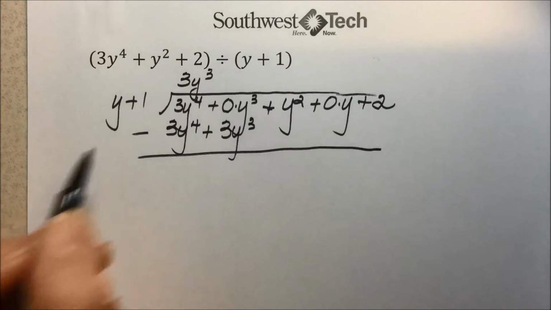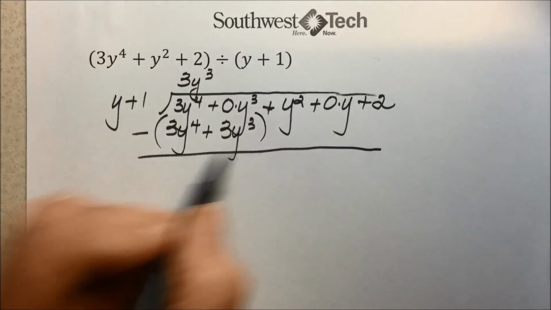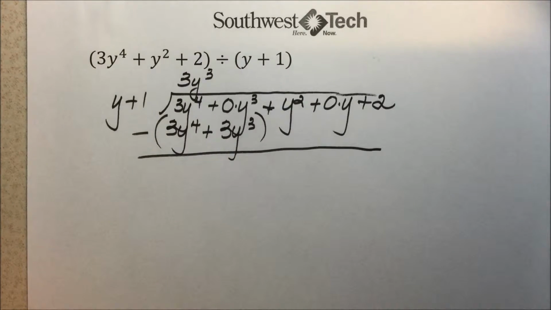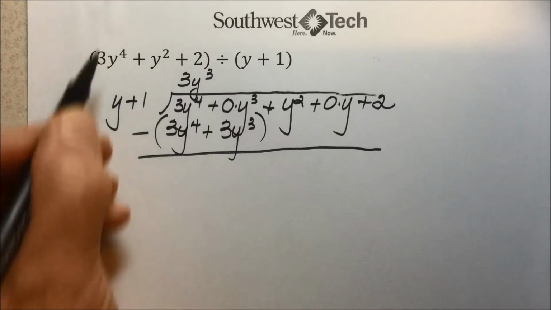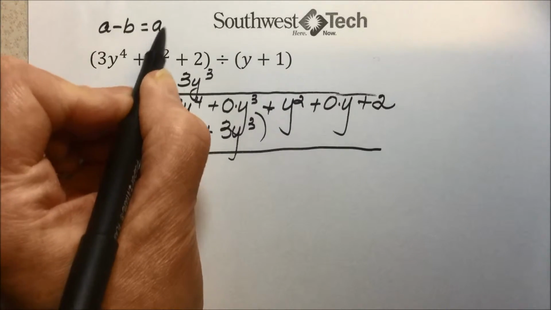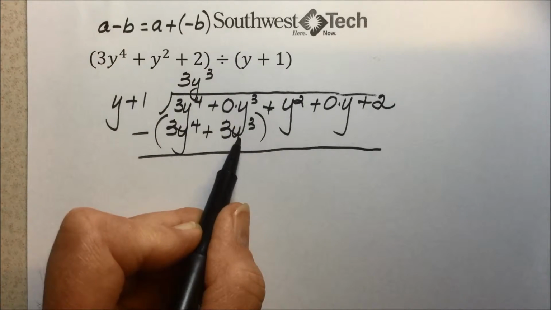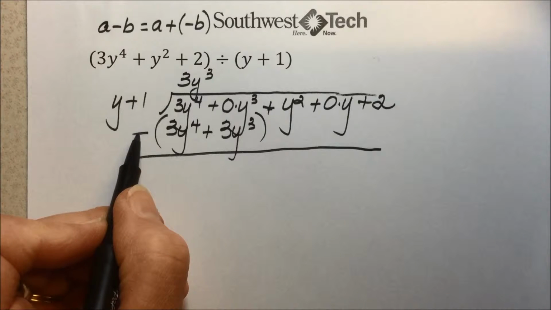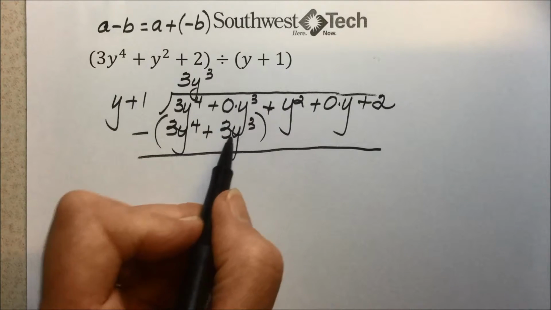In division, just like in arithmetic, we subtract, but to make sure we don't lose a sign or make an error on our subtraction, use the rule of subtraction, which is a minus b is the same as a plus the opposite. I'm subtracting this quantity, and I might remember 3y to the fourth minus 3y to the fourth, but I might forget that I'm also subtracting this second term.